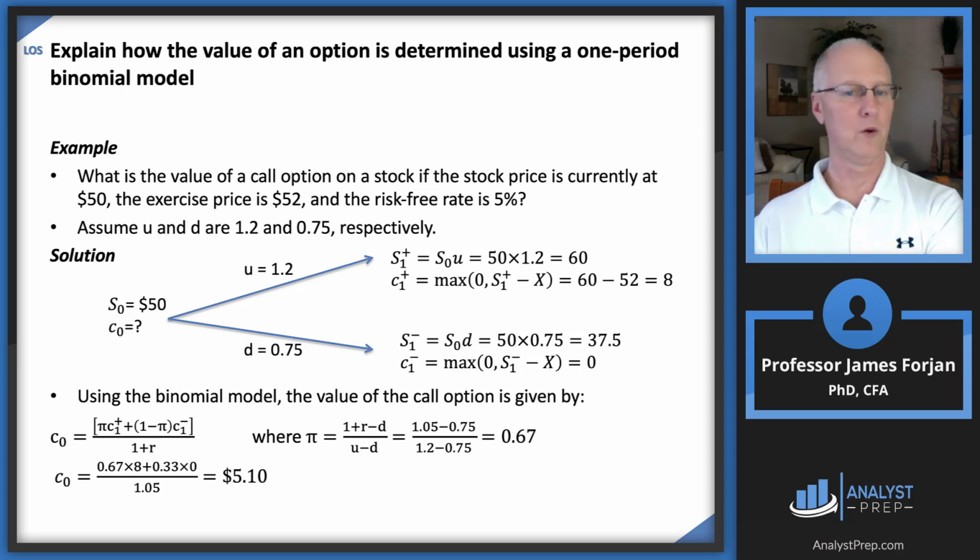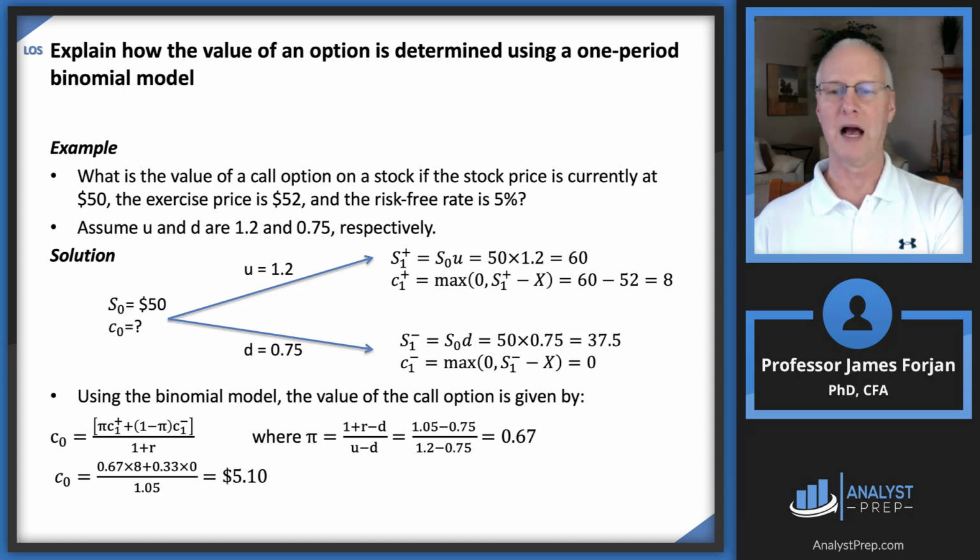So notice what is happening here. If we have the call, we're either going to get 8 a year from now if the stock price goes up, or we're going to get 0 if the stock price goes down. So let's value that option. The first thing we need to do is figure out pi. So let's take 1.05, there's that risk-free rate, minus the 0.75 in the numerator, and divide by 1.2 minus 0.75 in the denominator. That gives us 0.67.